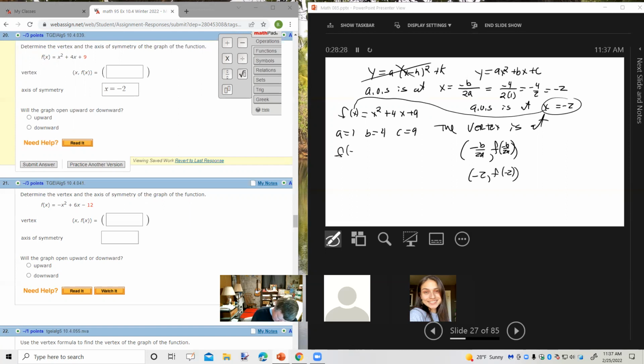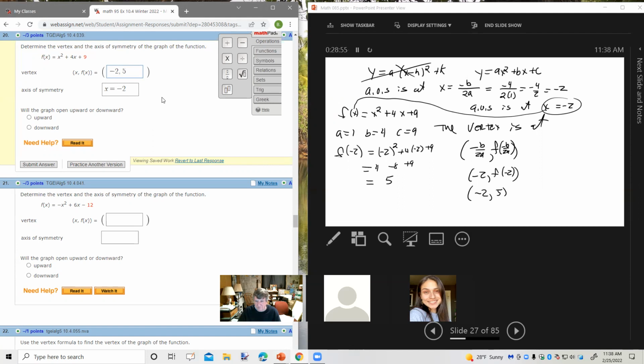What is f of negative 2? That's negative 2, the quantity squared, plus 4 times negative 2 plus 9, which is 4 minus 8 plus 9, which is 5. So the vertex is at (-2, 5).